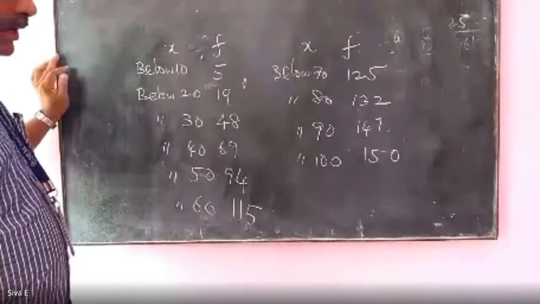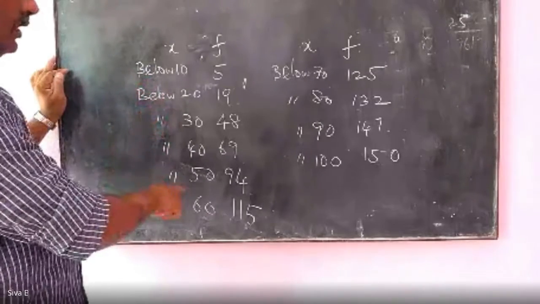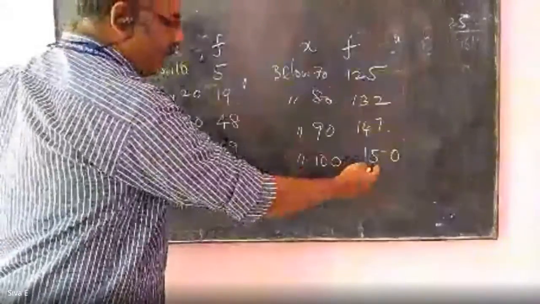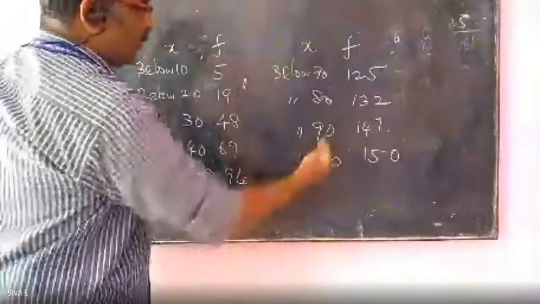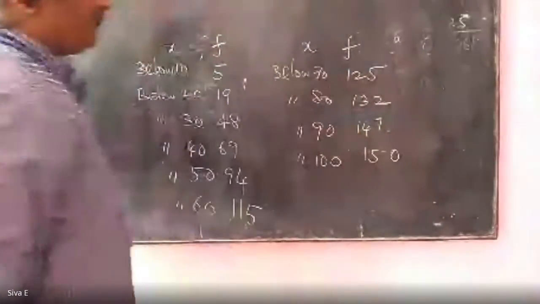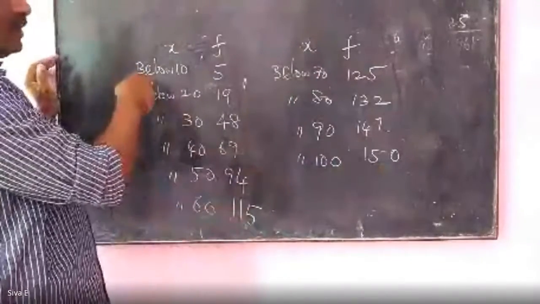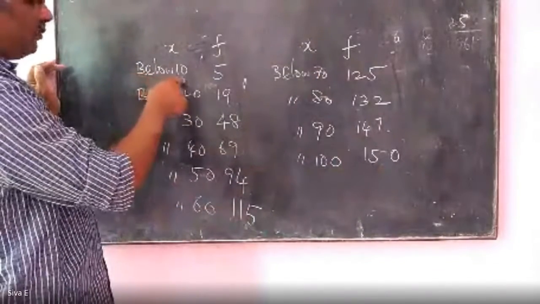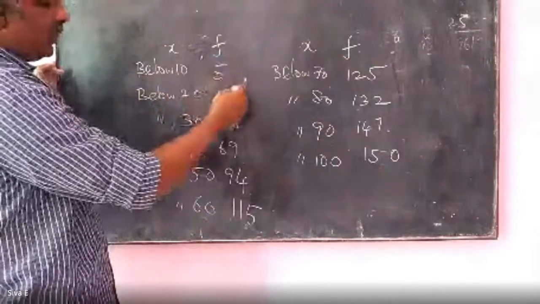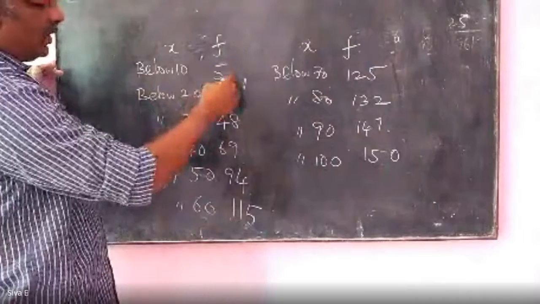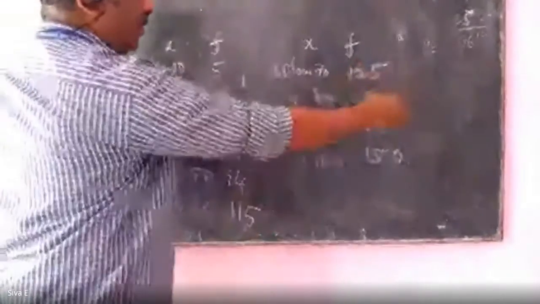Actually it is the cumulative frequency, so you have to subtract in reverse order. In case below type of problem is given, we have to subtract one by one from this. That is, first one 5, second one 14. Similarly, you have to calculate them one by one.